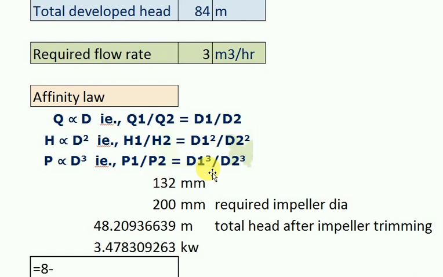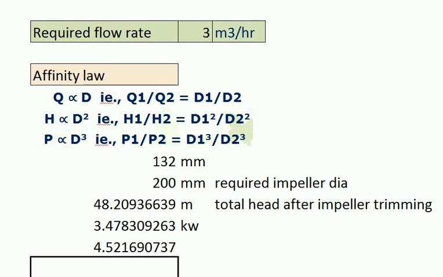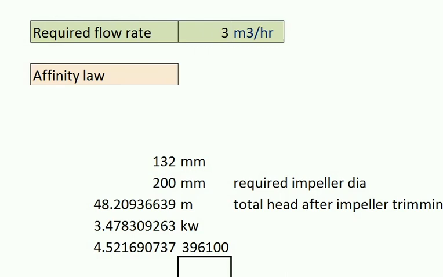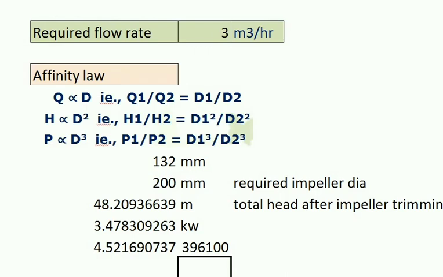So our gain per hour, multiplied by 10 rupees, into 24 hours into 365 days, gives a cost saving of around 3 lakh. By this means we can avoid the energy losses. We saved 3.96 lakhs.